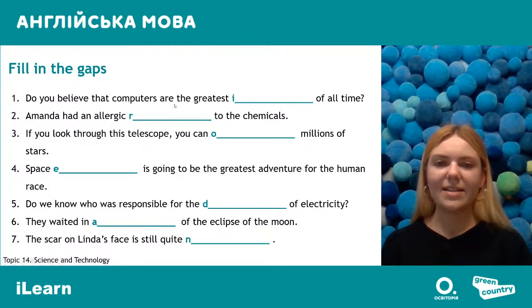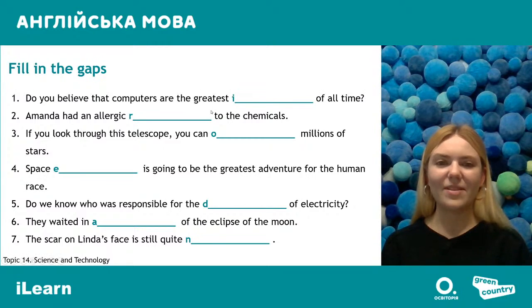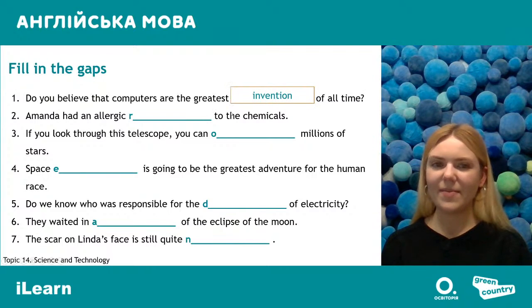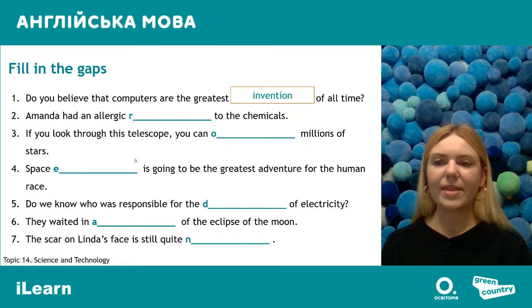So if we have here the greatest, then after that we will need to use a noun, yes, because the greatest, that is an adjective, so it must be followed by a noun. And that is invention, yes, винахід, the greatest invention of all time. Good. Number 2. Amanda had an allergic r to the chemicals.